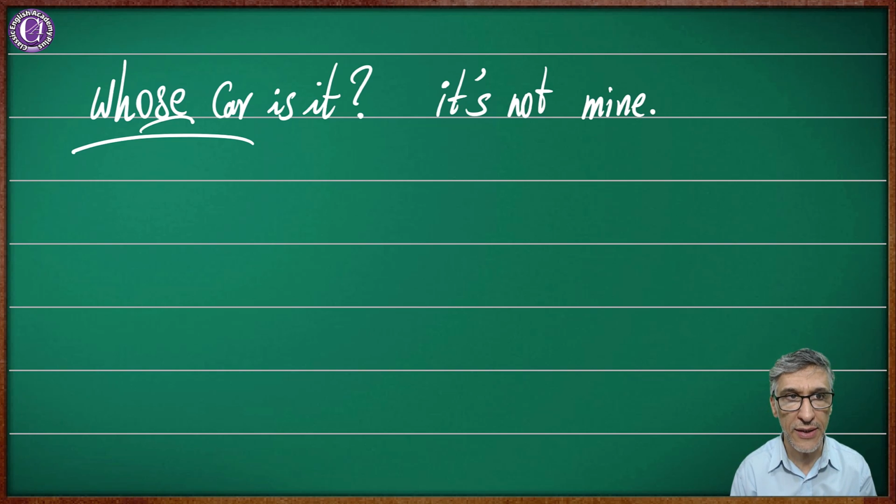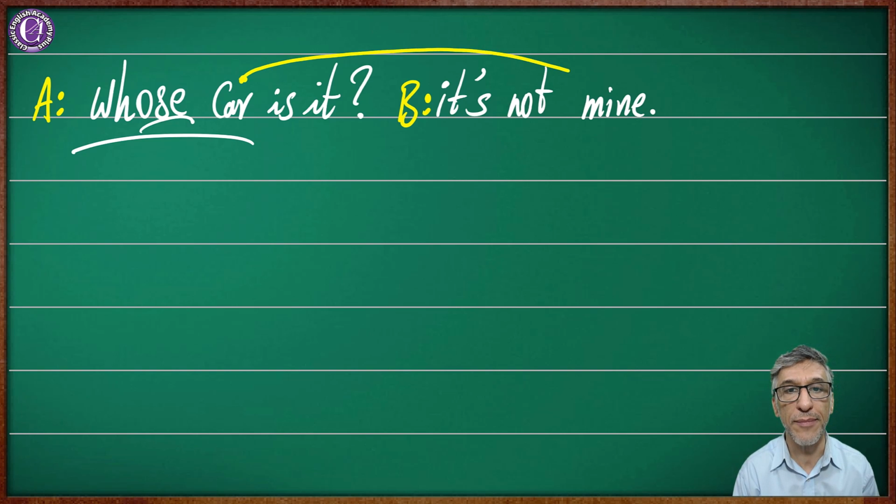Why? Because in a conversation, in a dialogue, you can somehow use this again. This car is going to be a possessive pronoun. Why? Because we have the car in the first part of the sentence. Maybe it is my sentence. Maybe it is a question from you. I make a question. Whose car is it? And you say, it's not mine.